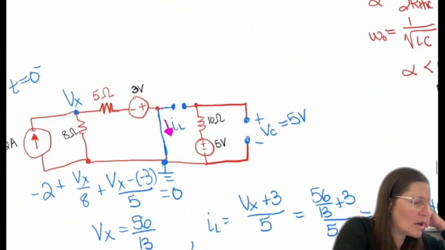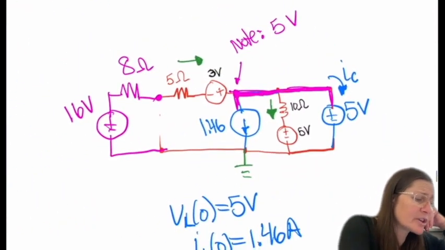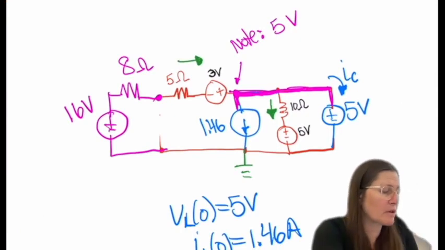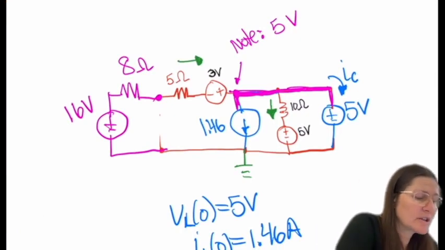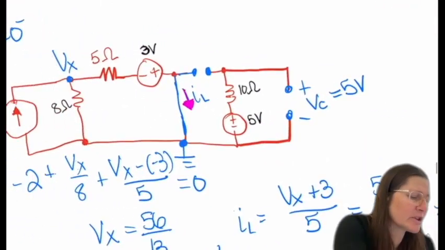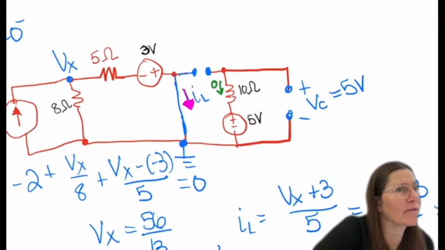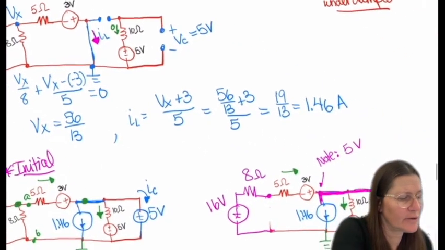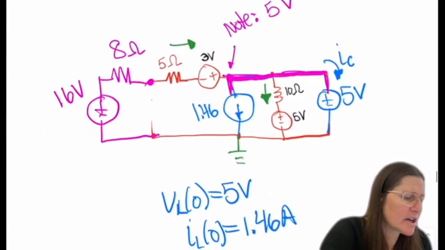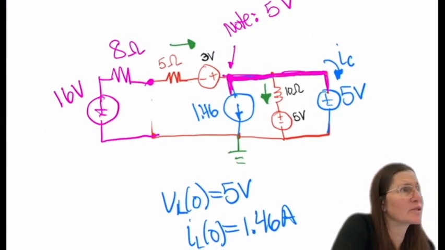So replacing that gives me this circuit where I replace the 1.4 for the inductor and the 5 volt. Oh, I forgot to do the 5 volts. So 5 volts over here. There's no current flow here, so VC is just 5 volts. And so VC stays 5 volts over here. So my initial VL is going to be VC, which was 5 volts. And then my initial IL is 1.46.